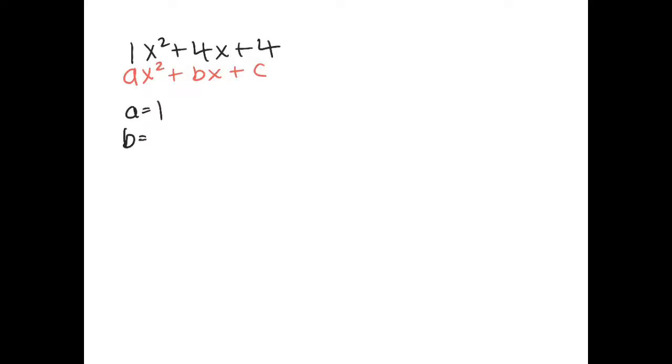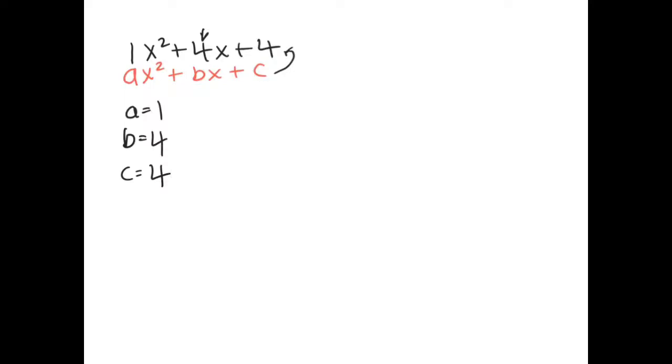So we know that number is 4. Now, finally, our c variable. The c variable will always be on the end of the equation. So our c variable is also 4. Now remember, these three can change. So your a variable can be 20, your b variable can be 10, and your c variable can be 5. It can be anything.